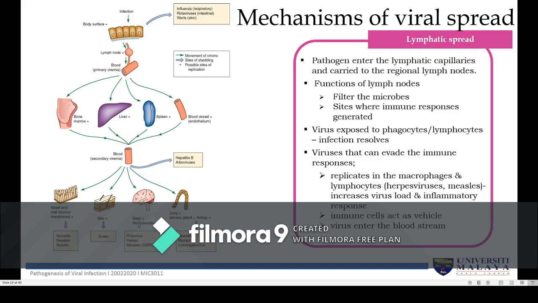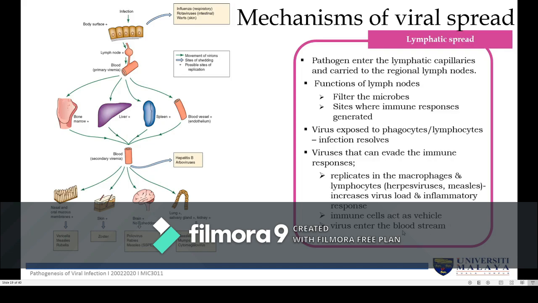So if the virus replicates in these immune cells, it will be transported throughout the body and can infect other cells as well. They use the immune cells as vehicles, and possibly this is one of the reasons the virus can enter the bloodstream.